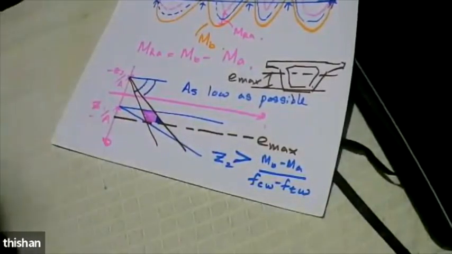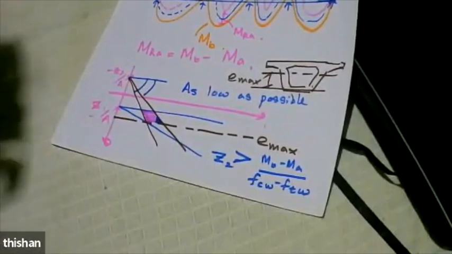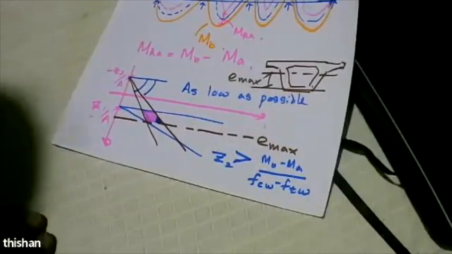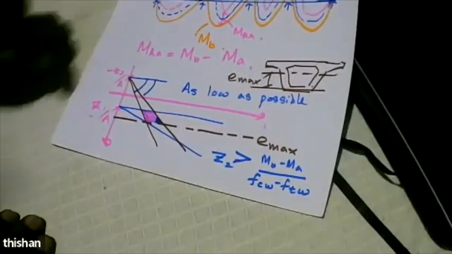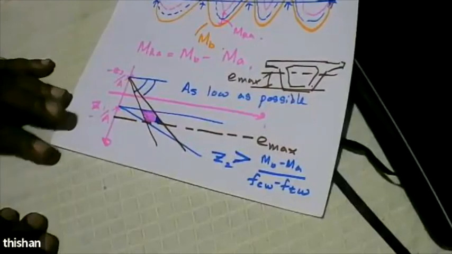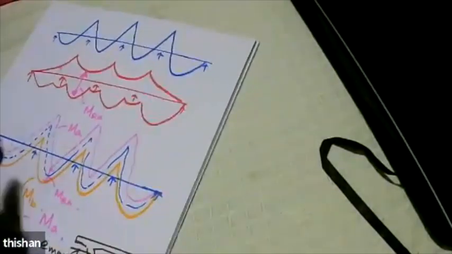And when you have higher prestress, it's going to be costly. The cost is going to go up. So because of that reason, do not select a high prestress. Always select a prestress as low as possible. So that is a summary of what we did last time.